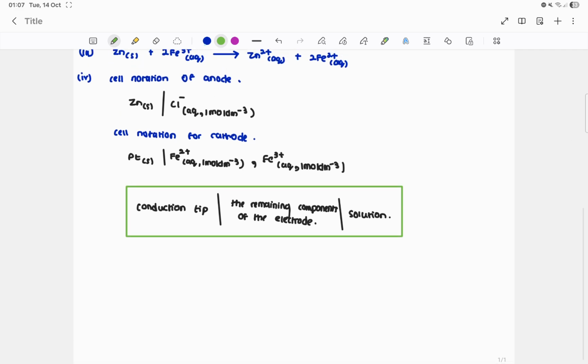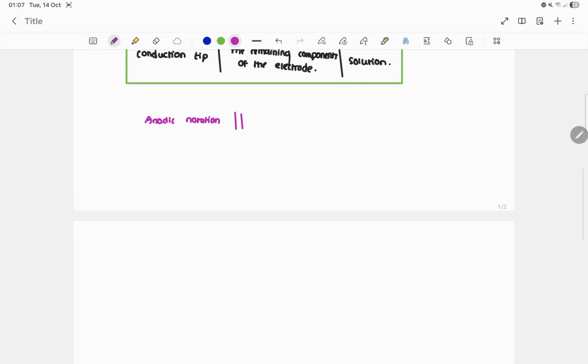Now for the whole cell, how do you write? You write like this: anodic notation, separate it with a double line, and then cathodic notation, but reversed.